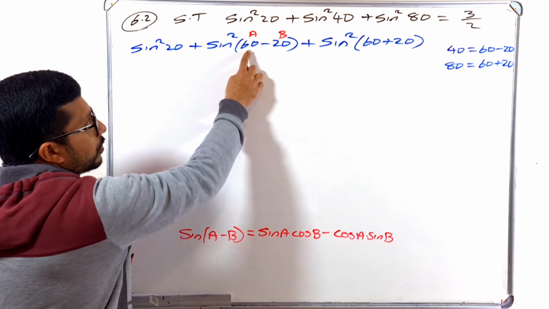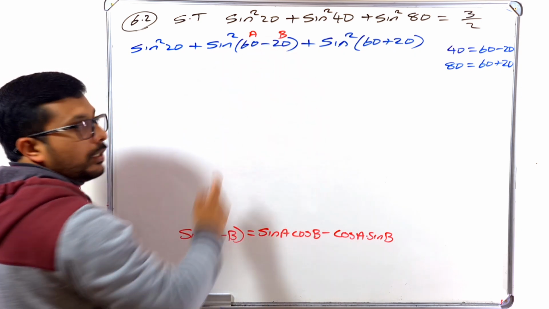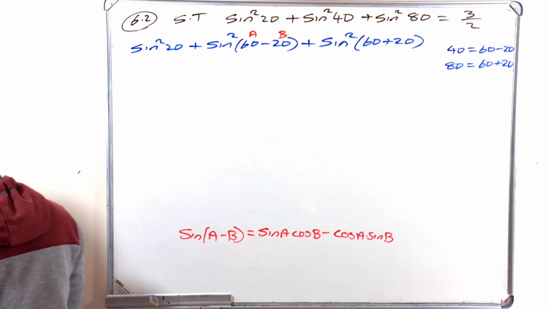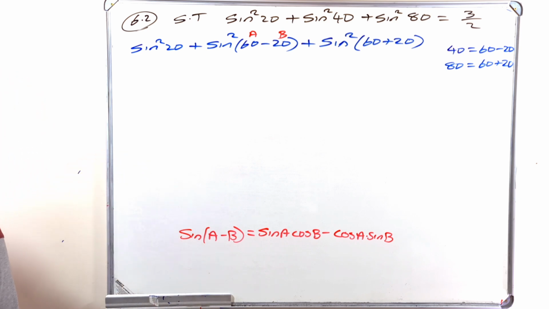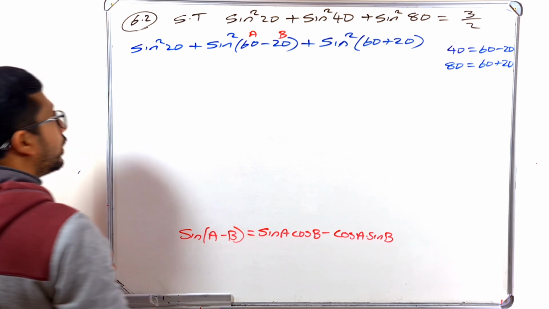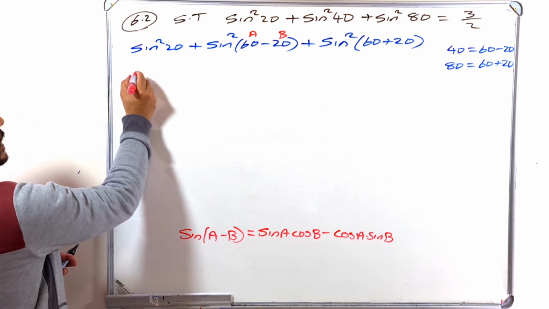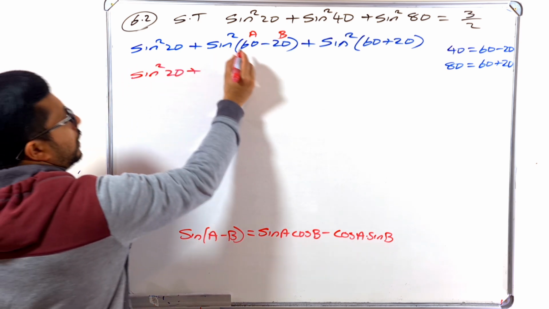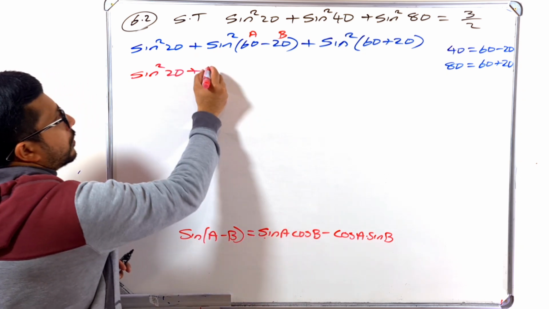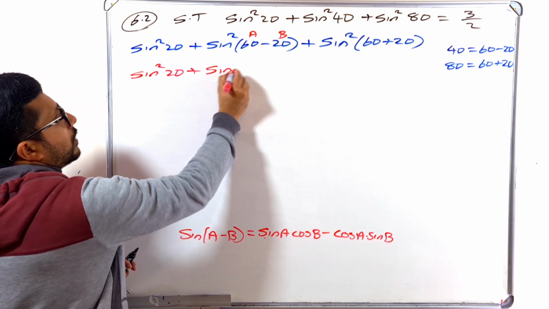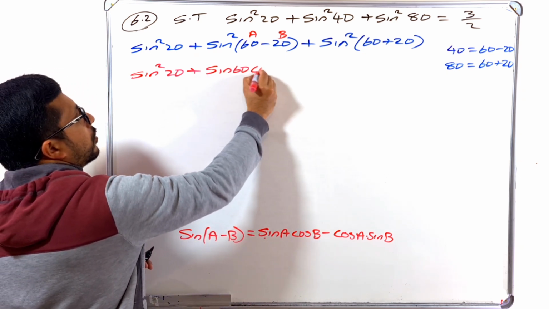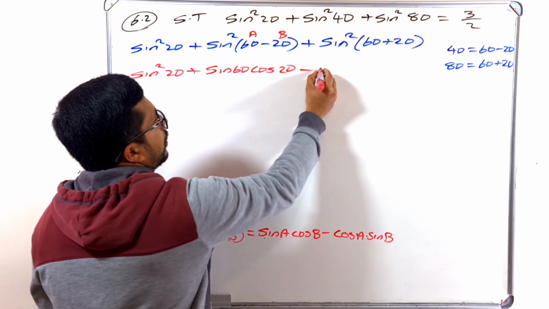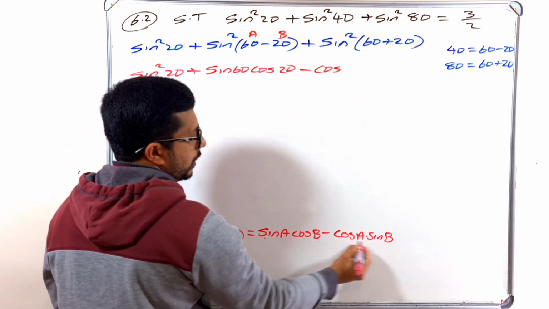So our a is 60 and our b is 20. Look at how I'm going to write. So this is equal to sine square 20 plus sine a cos b, so it is sine 60 cos 20 minus cos a sine b.